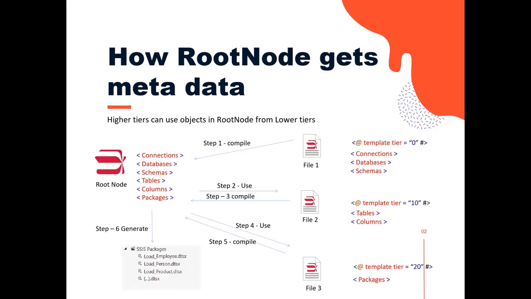When we compile according to the compilation order, first the connections, database, and schemas from file 1 will be passed to the root node. Then file 2 can use this metadata which is already available in the root node. It will use these connections, database, and schemas, and it will pass the tables and columns details again to the root node.